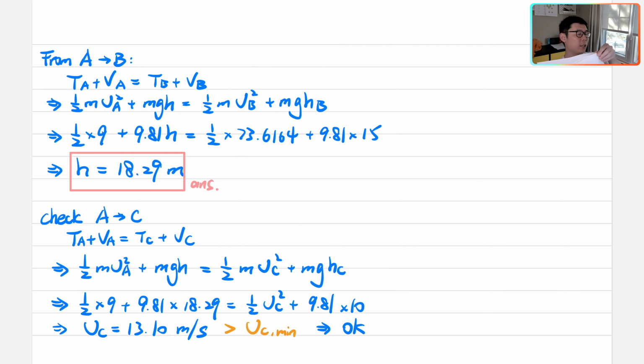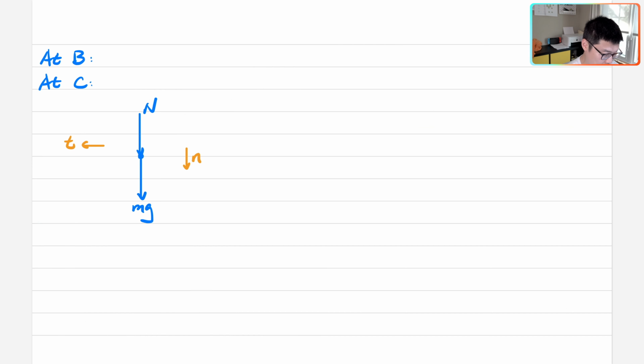Lastly, we want to calculate the reaction force, or the force that is acting on the cart at point B and point C. So at point B, and we'll do it at point C as well. Remember our free body diagram. We have mg, we have a normal force. Our n direction is pointing down, and our t direction is tangential. This is our NT system.